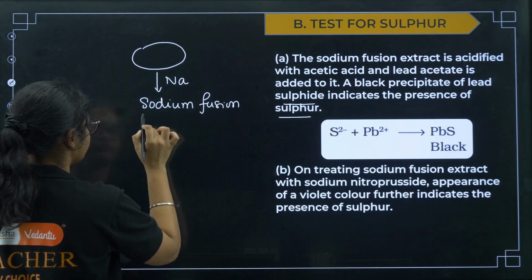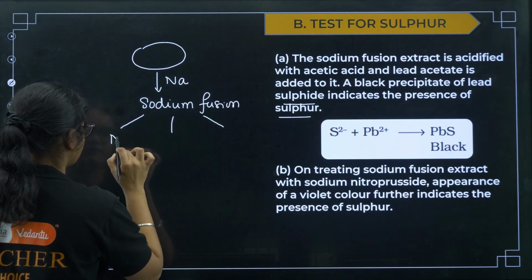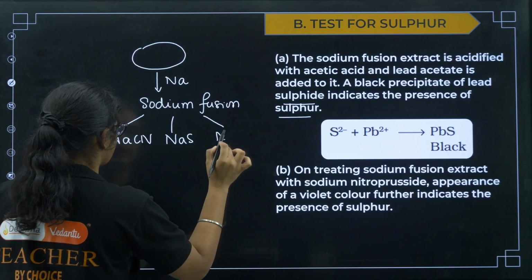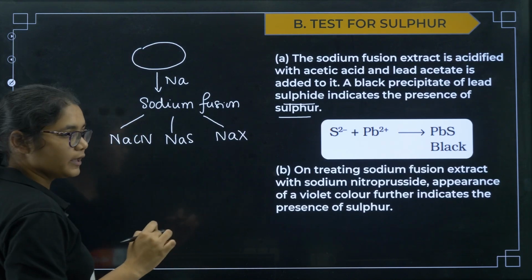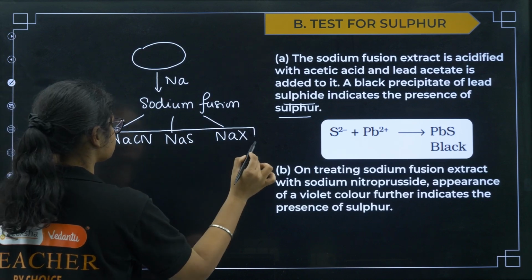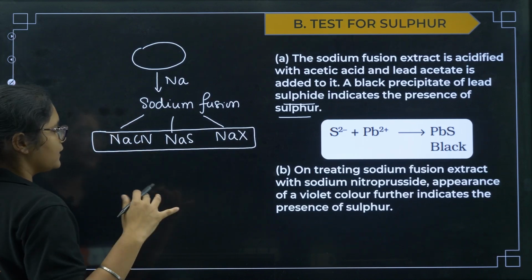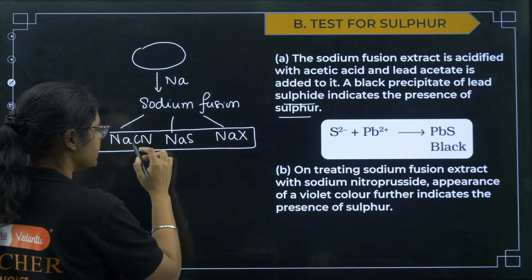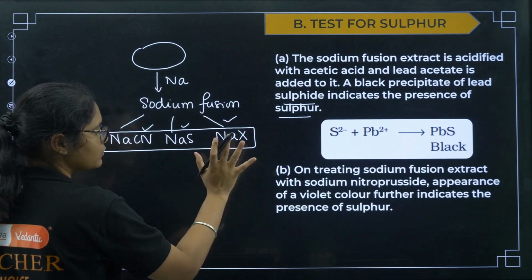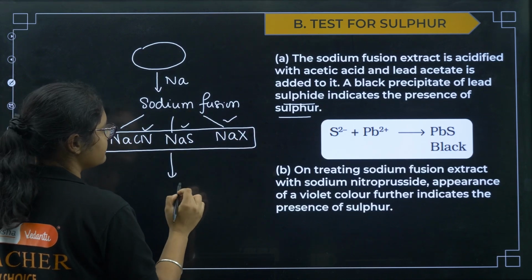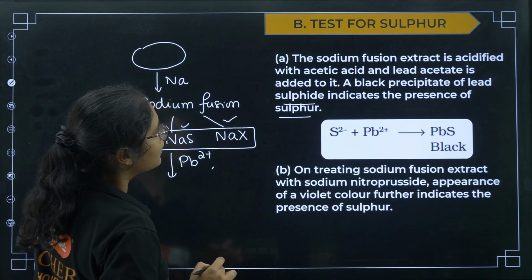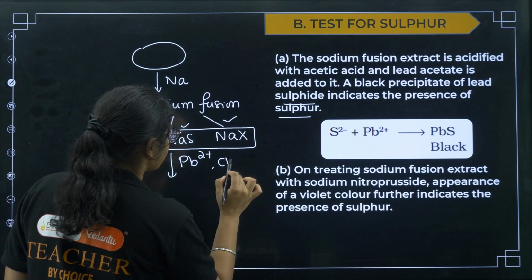Now this sodium fusion extract can have NaCN, or it can have NaS, or it can have NaX. I am guessing that it may have sulfur. So in this mixture, all three are present, but we don't know which one. So in this mixture I will now add lead 2+, in acetic acid medium.